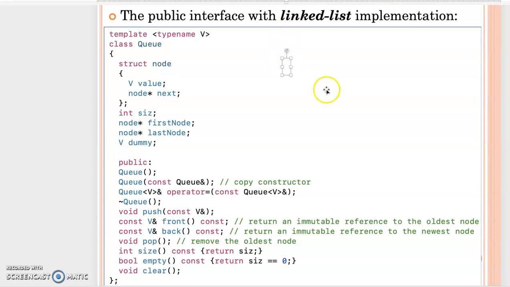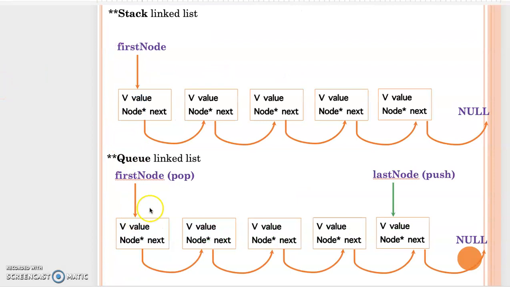Okay. So here I just say, for example, we want to do the front. About the syntax, I will leave you guys to write the function template syntax, because you should have much experience now. So you see the front, actually the front is where we pop from. So that's the first node.